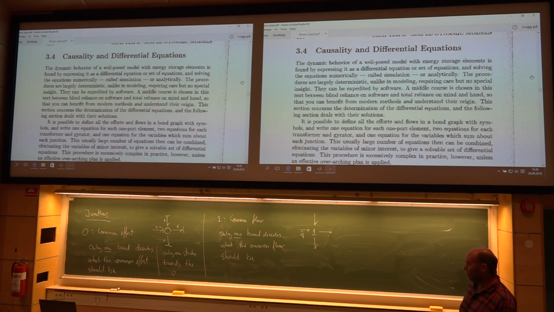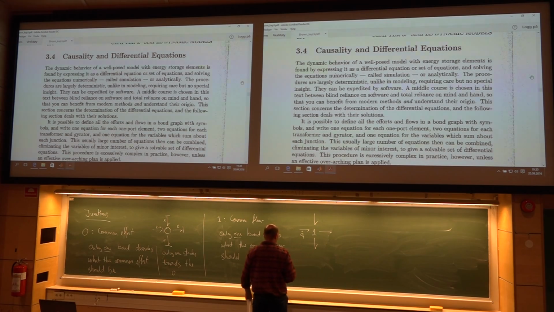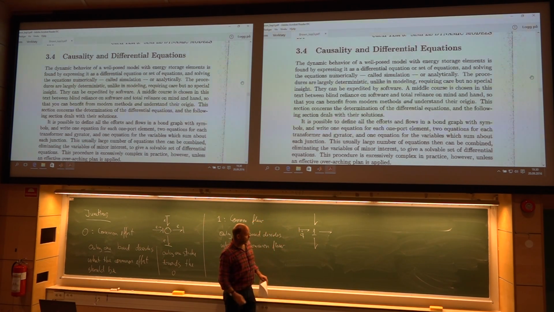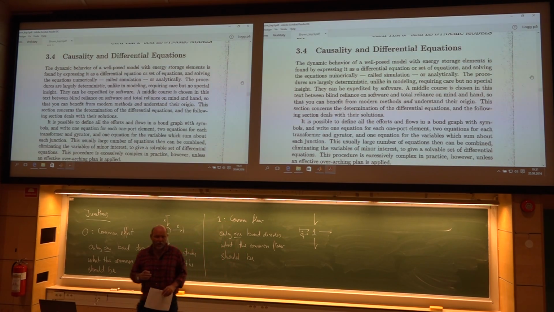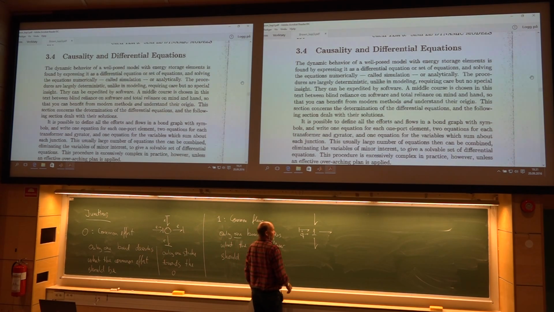Where should the causal stroke be? Well, it has to be opposite from this effort thing, so it has to be here. Now I know the effort goes to the left, always towards the stroke. The flow goes away from it. So now it's this flow entering the one junction and thereby deciding what the common flow should be, meaning all the other strokes have to be towards the one junction. Like that.